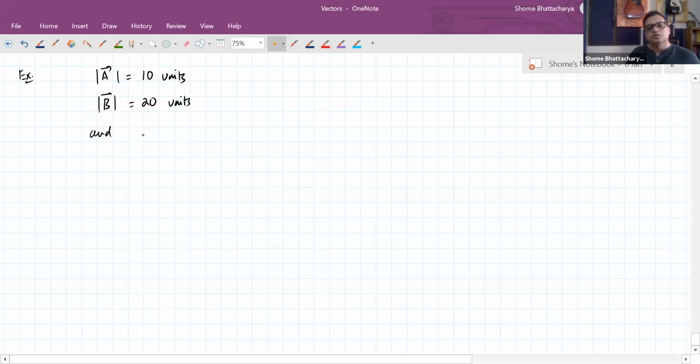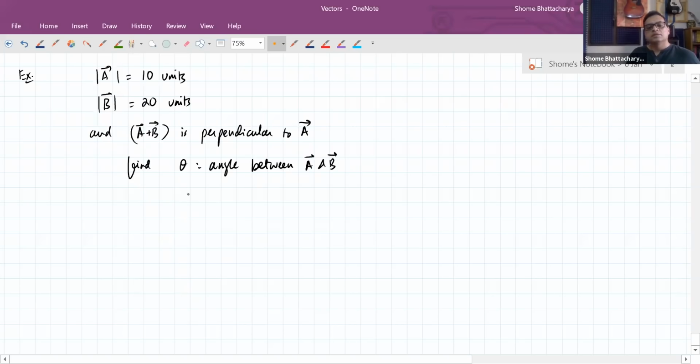And given that A plus B is perpendicular to the vector A. So we have to find, first of all, theta, the angle between A and B. And we have to find the magnitude of A plus B. Oh, sorry. We just have to find this much. So let us look at this question next.